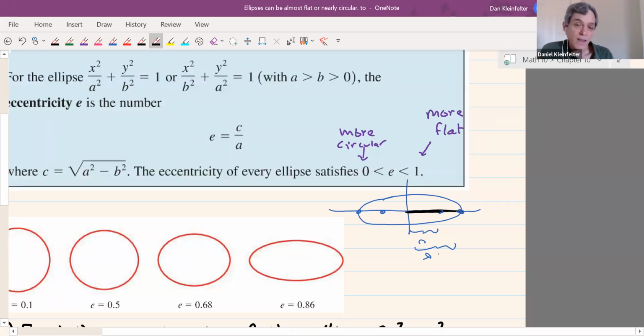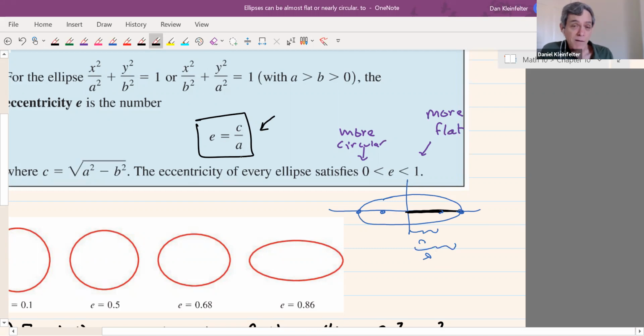If you think about it, the focus has to be inside the ellipse, okay? If the focus is inside the ellipse, which it is, then C has to be smaller than A, okay? If C is smaller than A, then this fraction is always less than 1.